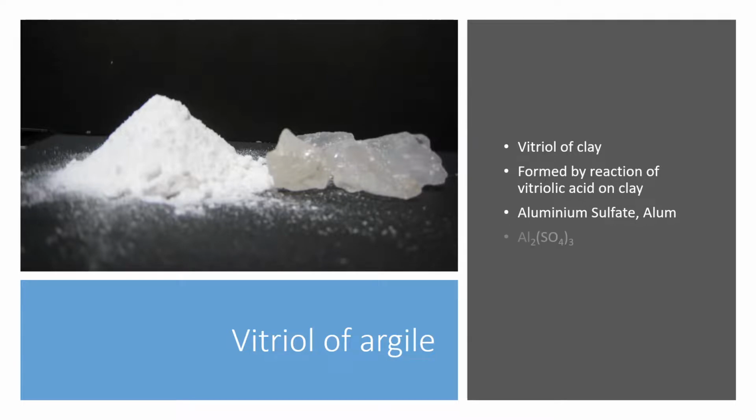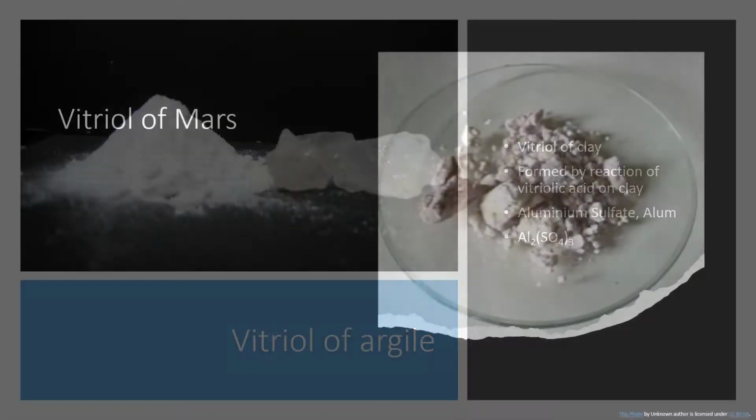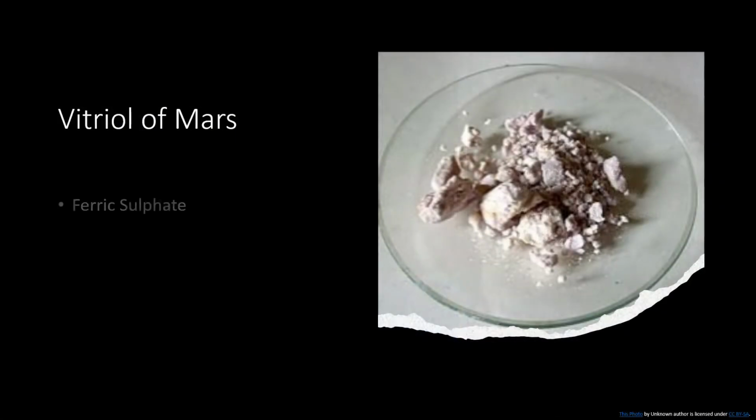Next, we have vitriol of Mars, which is ferric sulfate. Here, we already saw ferrous sulfate as green vitriol. Now, it is the Fe3+ ions, the ferric ions, which form the vitriol of Mars. The chemical formula is Fe2(SO4)3, the thrice. Although I tried to find how the name vitriol of Mars came about, I couldn't actually find it.